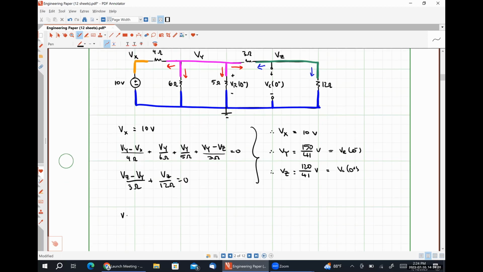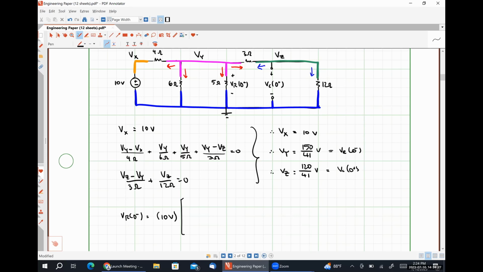So I would say VR at 0 minus is going to be 10 volts. And then in my numerator, I want the resistance that I'm trying to find the voltage drop over. So I see 6 in parallel with 5 in parallel with 3 plus 12.